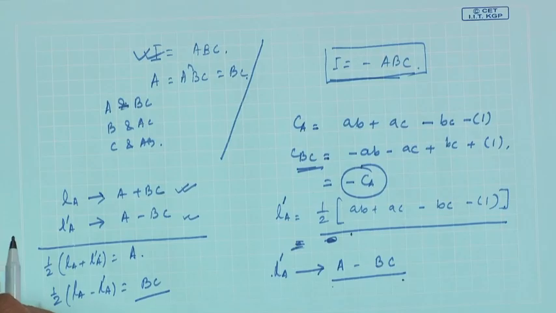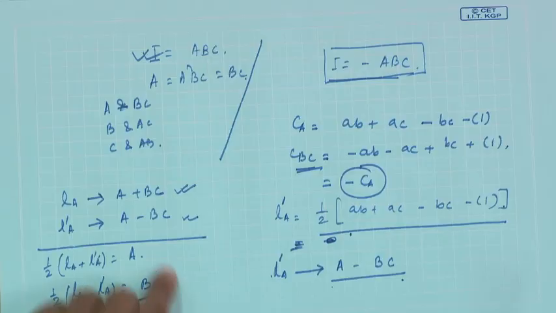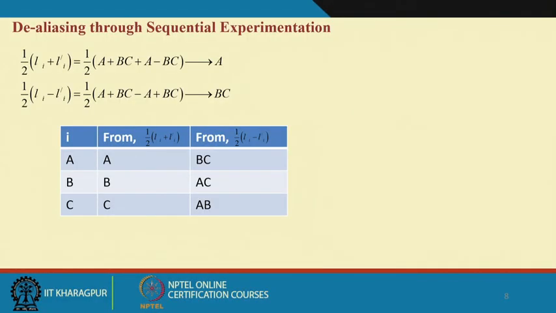So, that is the advantage, as I told you, that if you go for sequential design, first half using this, second using this, then combining the two you will get the unique estimates. So, if you see this table, using half of L I plus L I dash from I equal to ABC, and L I minus L I dash, you will be able to find out the main effects and the second order interaction effects.